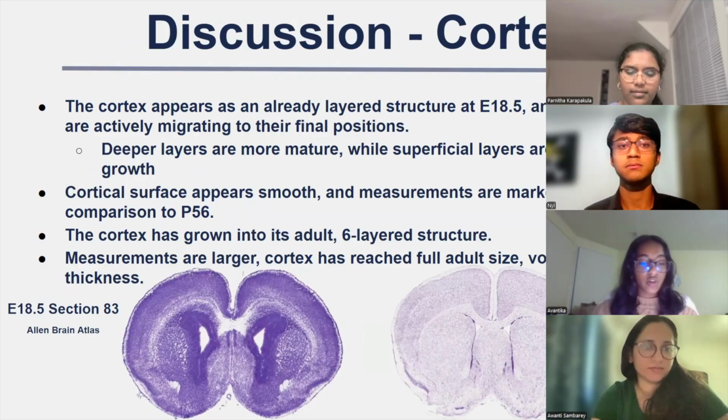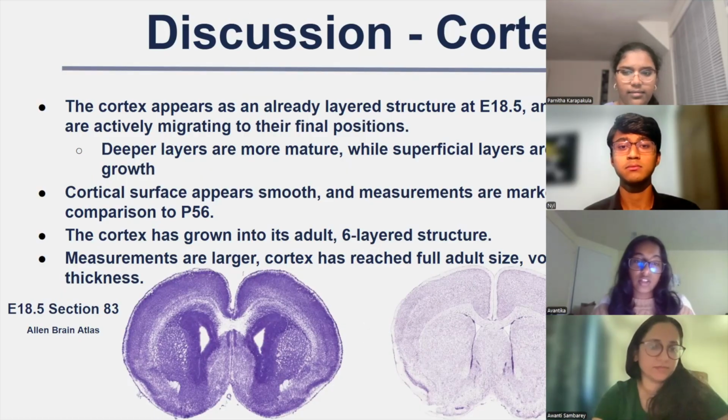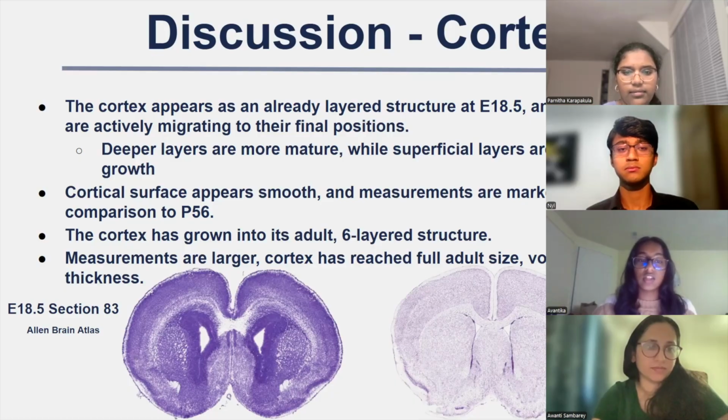We also noticed that the deeper layers of the cortex are more mature, while the superficial layers on top are still experiencing growth and development. The cortical surface also appears smooth, and the measurements are markedly small for E18.5 in comparison to postnatal day 56.